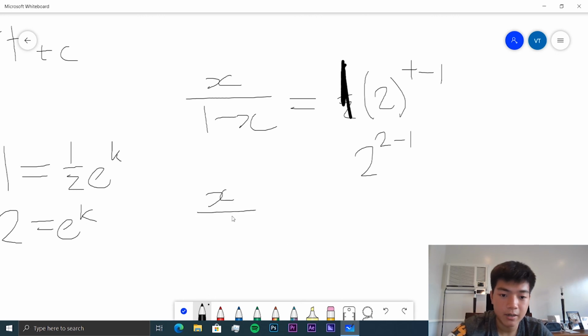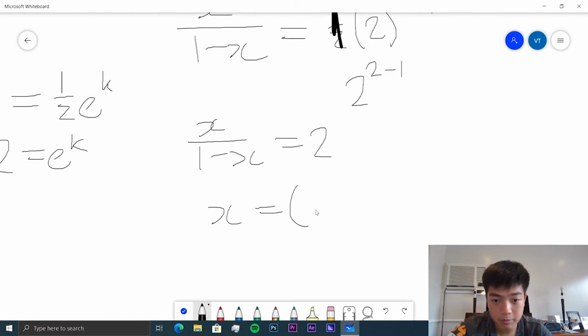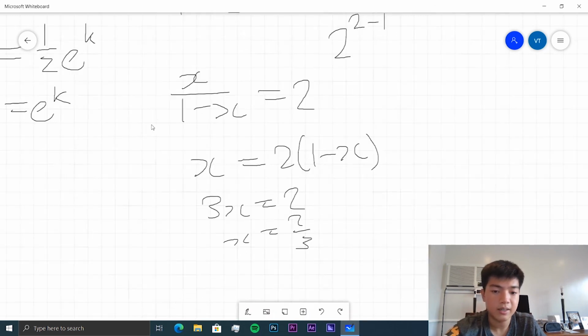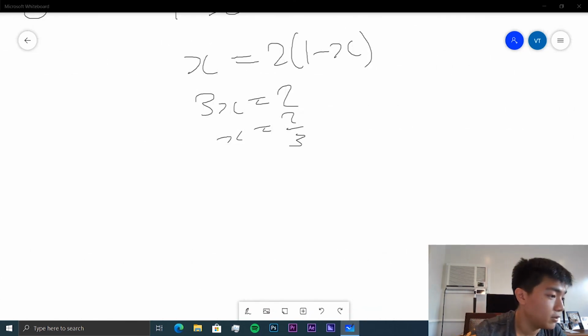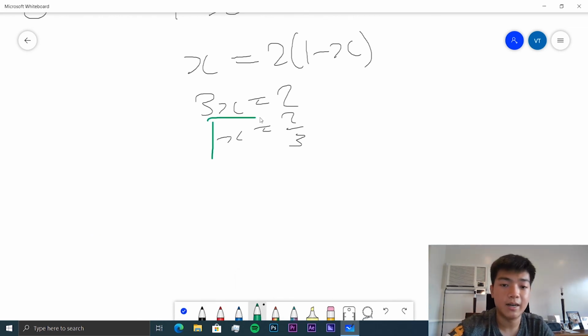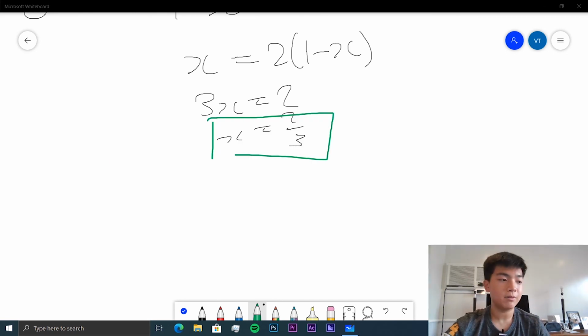So x over (1 minus x) is equal to 2. So we have x is equal to 2 times (1 minus x). So we have 3x is equal to 2. So x is equal to 2/3, I think. So by that point, 2/3 of the student body should have known about the rumor. So yeah, that's correct. So that was all for the speedrun. I hope you enjoyed, and I hope to see you in the next one. See you then.